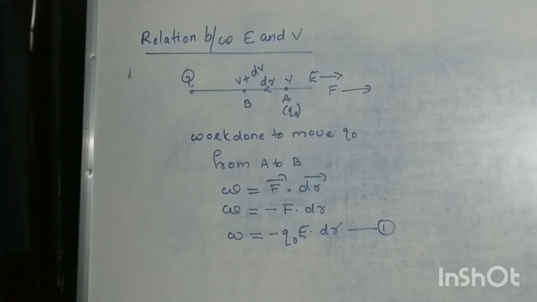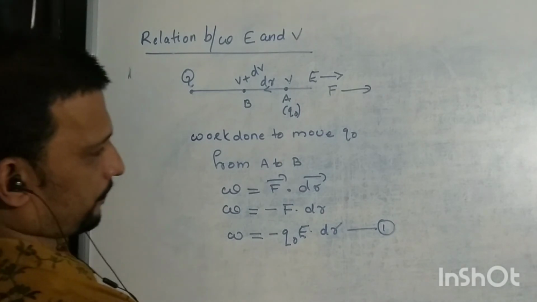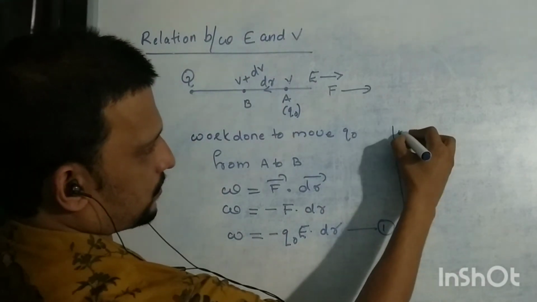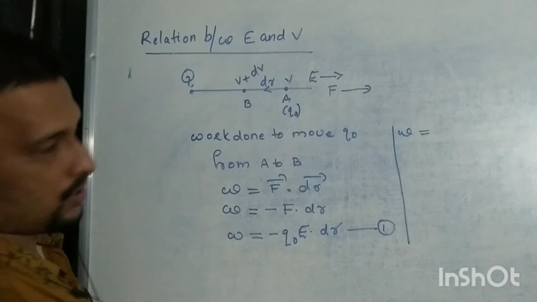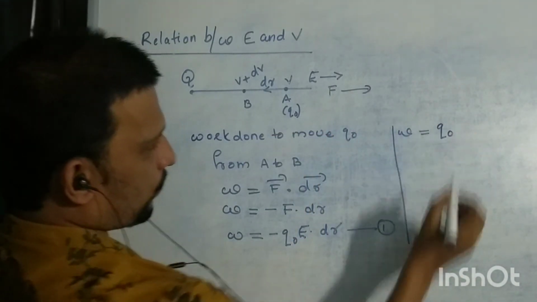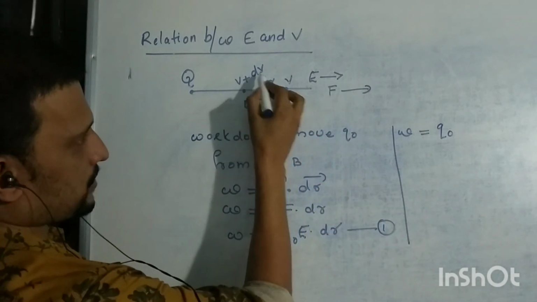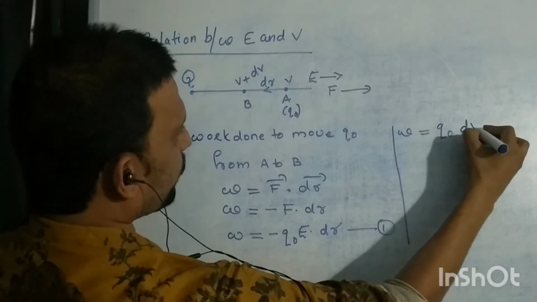Now the next thing we are going to discuss: we know that the work done is related to the potential difference. So the same work done can be related. This work done is equal to charge into potential difference. So the charge is Q0. What is the potential difference? V plus dV minus V, which is dV. So W is equal to Q0 dV.